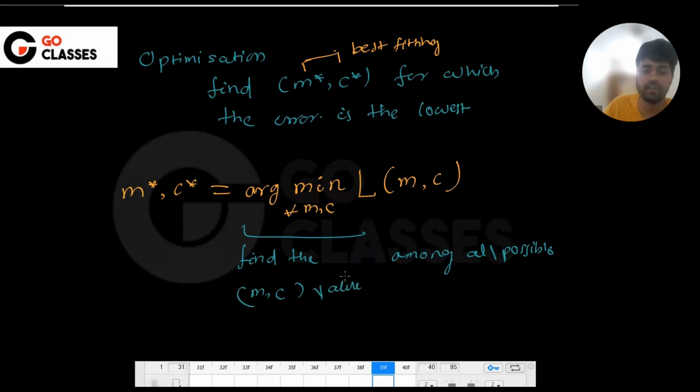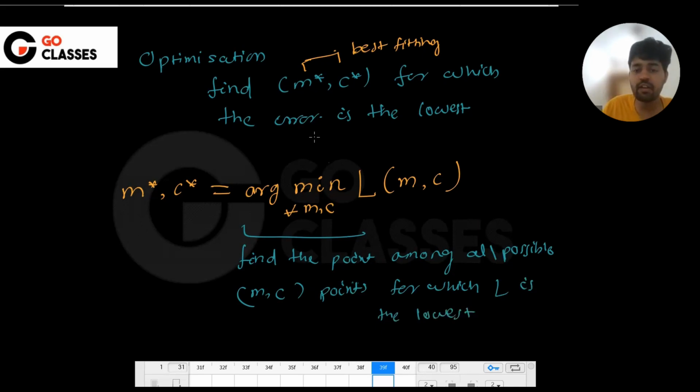Find the point among all possible points for which L is the lowest. In calculus, we say this is the minima of this function.